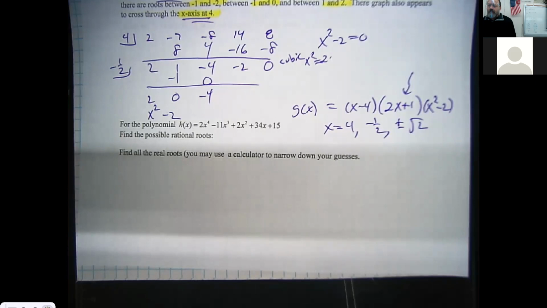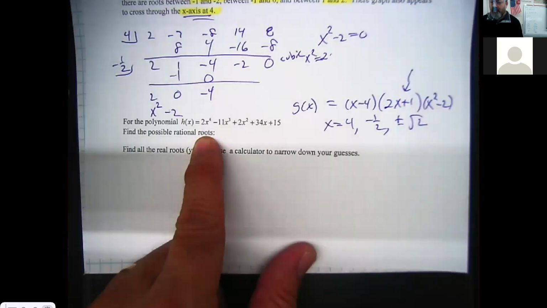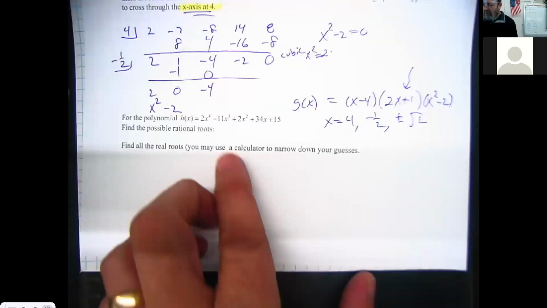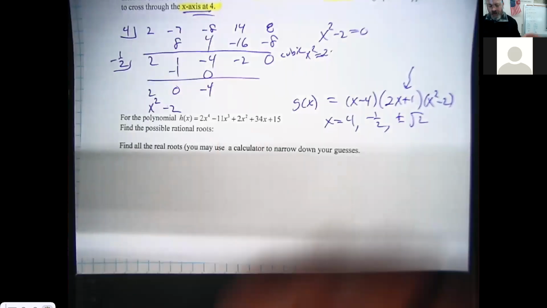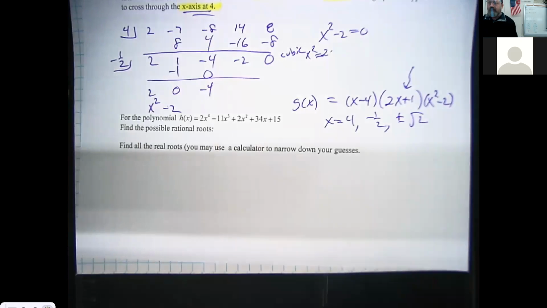All right. So you have a little polynomial, which is 2x to the 4th minus 11x to the 3rd. So see if you guys can pop that in. Set a window, maybe -5 to 5.